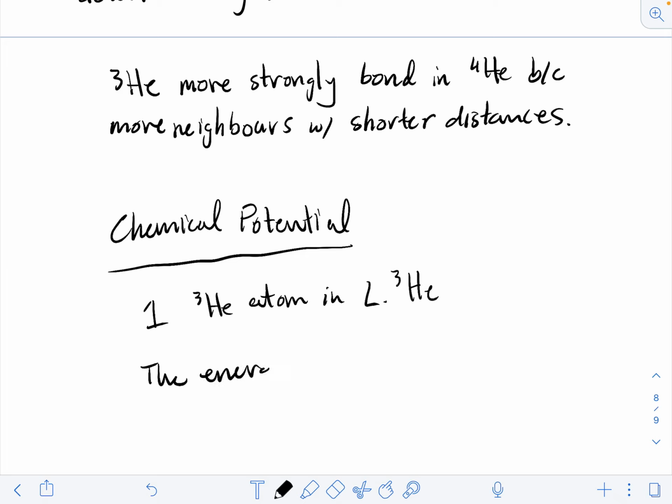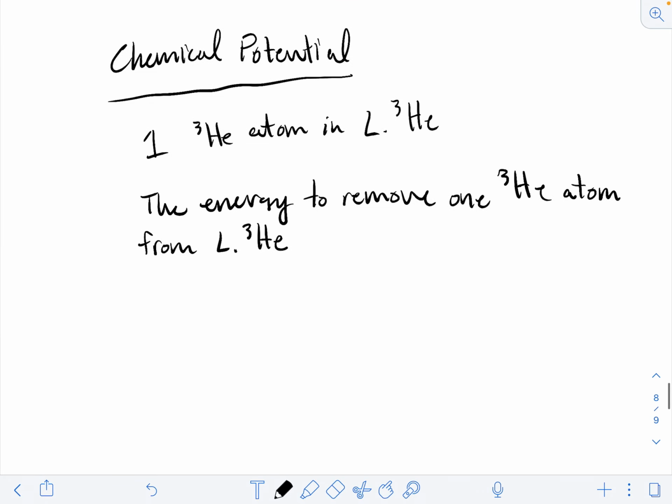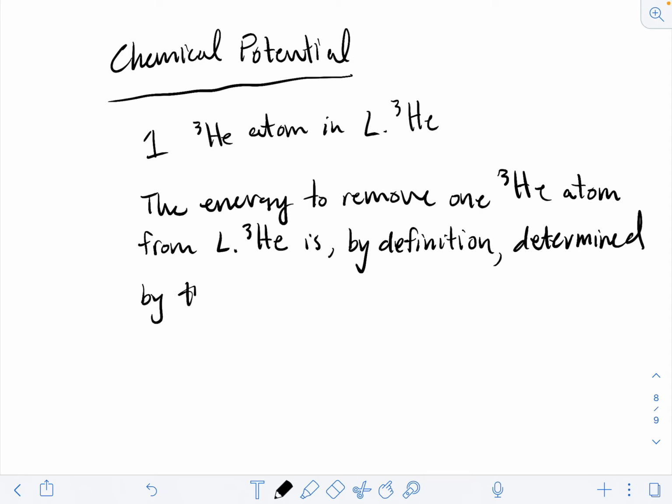So the energy to remove one helium-3 atom from the liquid, in other words, the binding energy, is, by definition, determined from the latent heat of evaporation.